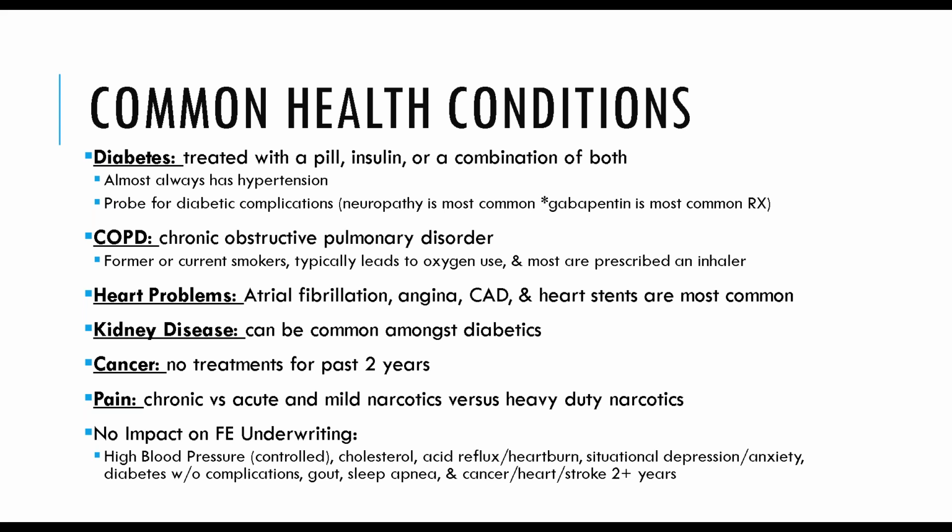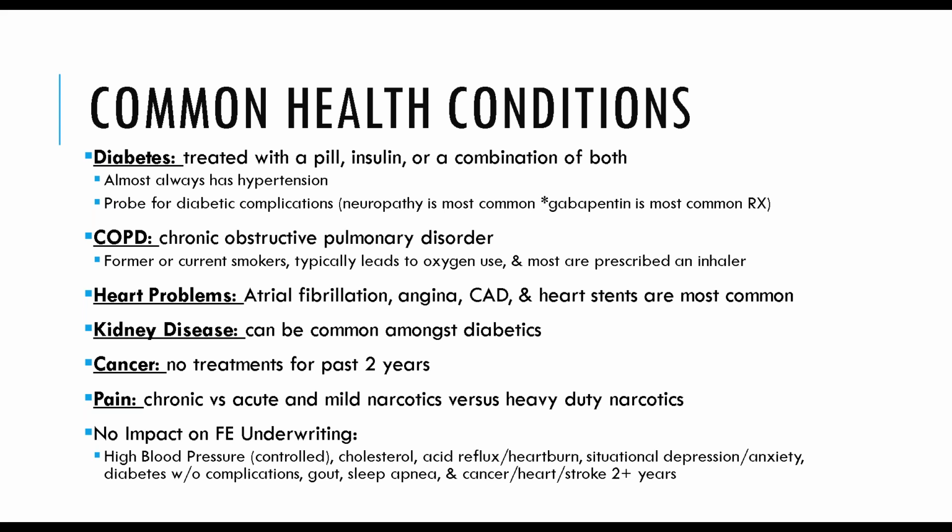There's a complete difference between someone that takes a Vicodin every other day or so because their hip is a bit achy, getting up and down this flight of stairs, versus somebody that is on Oxycontin and fentanyl patches because their knees are ready to give out. There's a very big difference between those two people. The first one typically will be able to be underwritten. The second one will not be able to be underwritten.